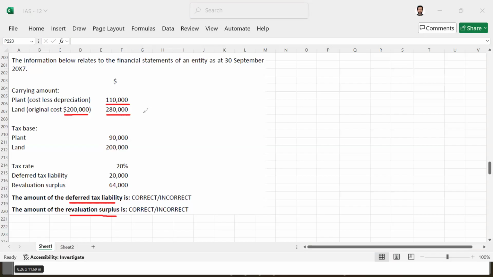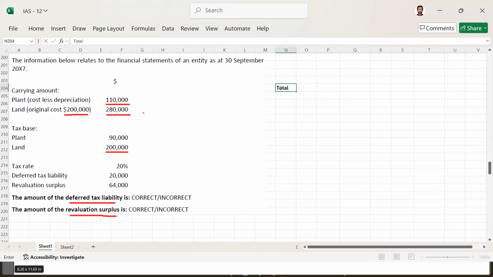We can calculate the total of the carrying amount. When it comes to tax base, the plant has a tax base of 90,000 and the land has a tax base of 200,000, which is equal to the cost, because the tax authorities do not allow the revaluation. So we have some temporary differences which we're going to calculate here.